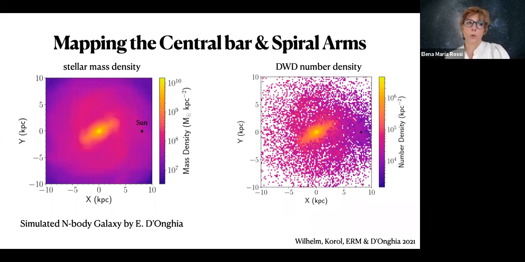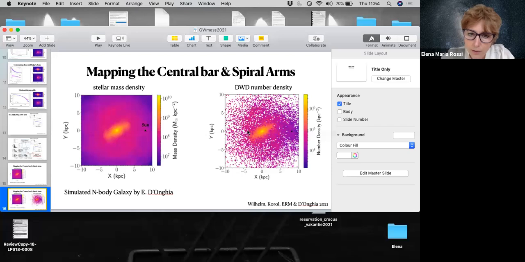In optical, you determine the properties of the bar just looking at dynamical effects on stars in the solar neighborhood. And here we are showing that in gravitational waves, you can actually see the bar by eye. The spiral arms, I should do this guy here, are clearly less well marked. These are the spiral arms.